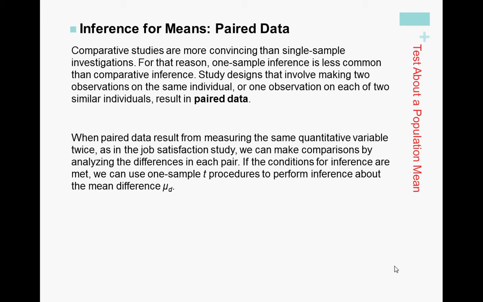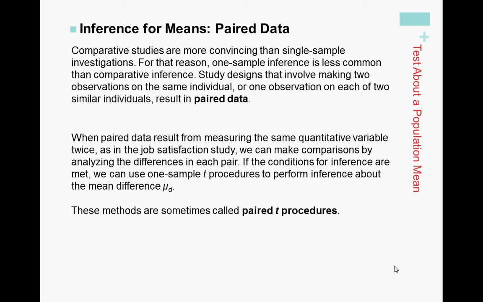So instead of just looking at them saying an 8 out of 10 and a 7 out of 10, we would subtract them and say 8 minus 7 and look at how the difference went down 1 or up 1 depending on which one was first. So then we call it the mean difference, mu d. So these are called paired t procedures.